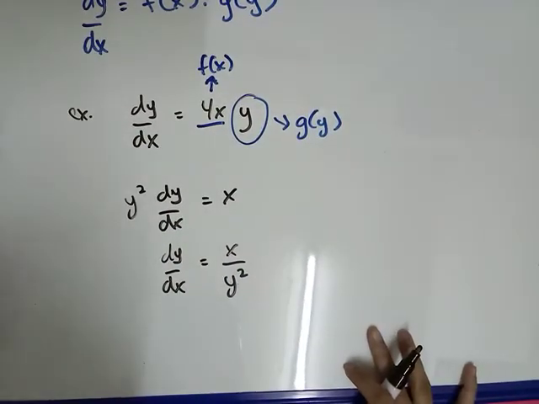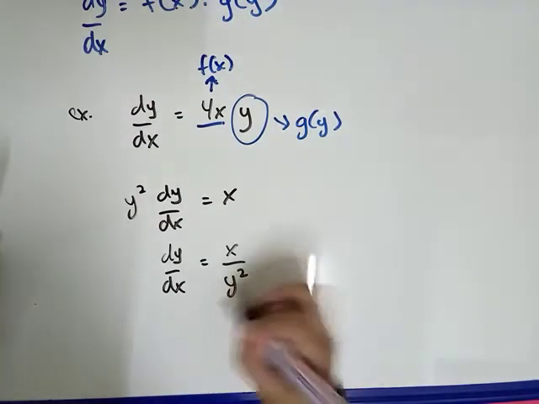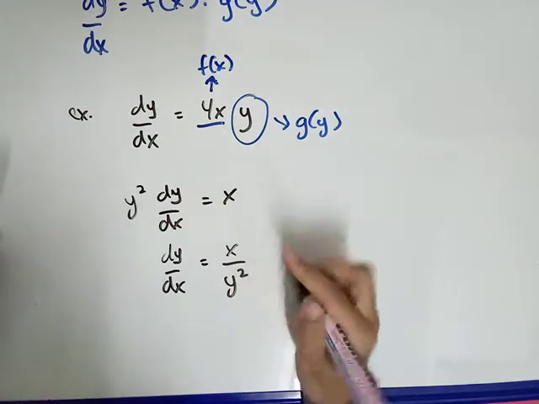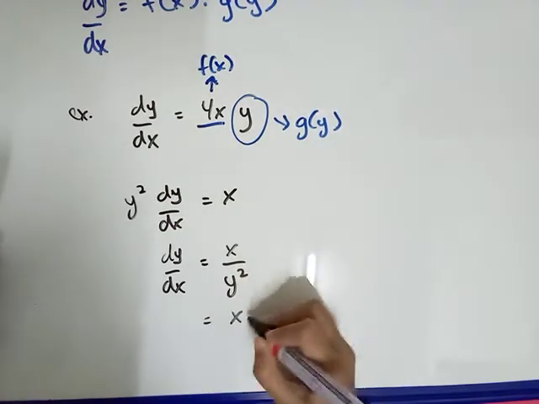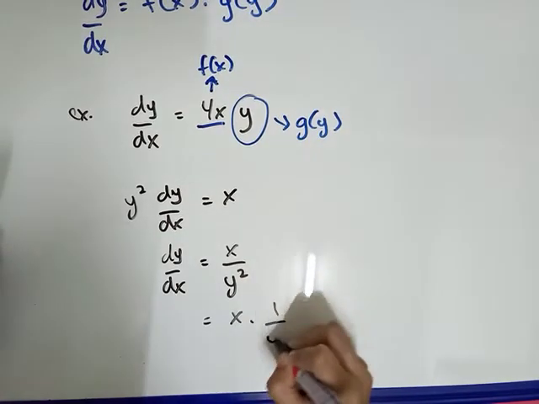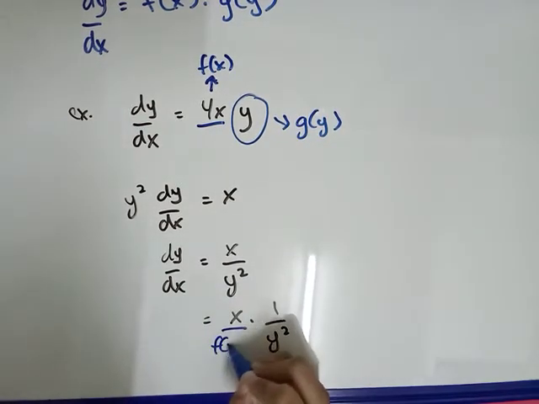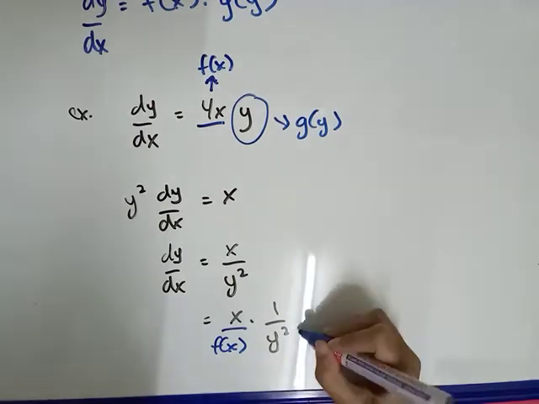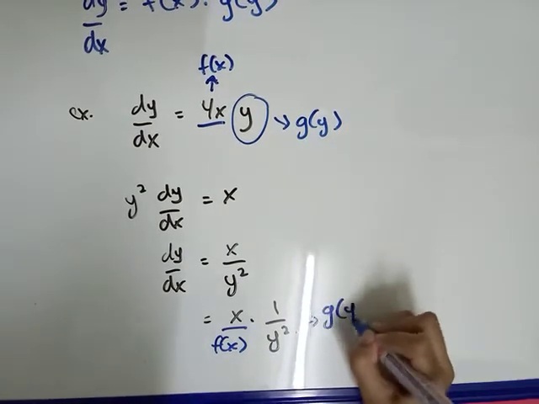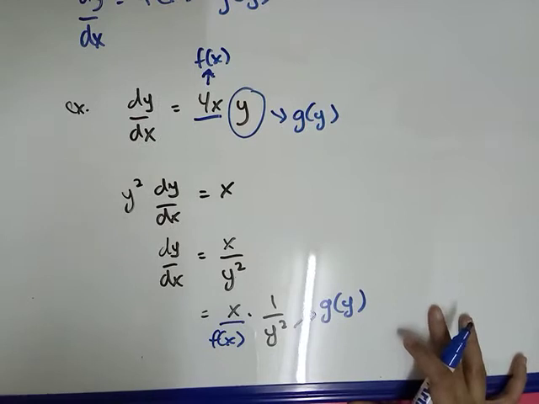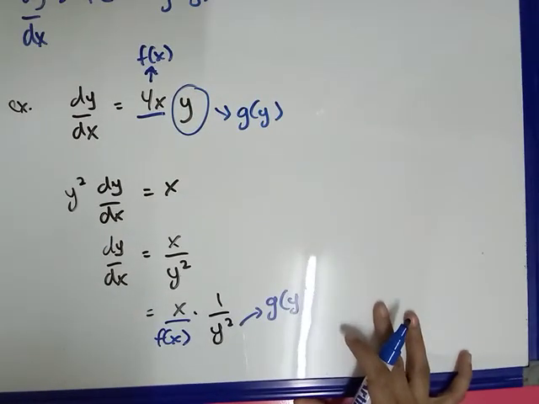Okay, it is x times 1 over y square. So we know that x is f(x) and 1 over y square is g(y). Faham now? Konsep two separable variables.